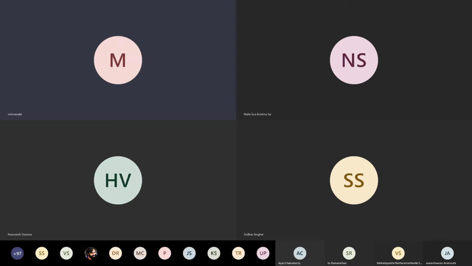So L basically corresponds to 3 lambda G by 4, or the electrical length is 270 degrees. Similarly for F2, it is 5 lambda G by 4.